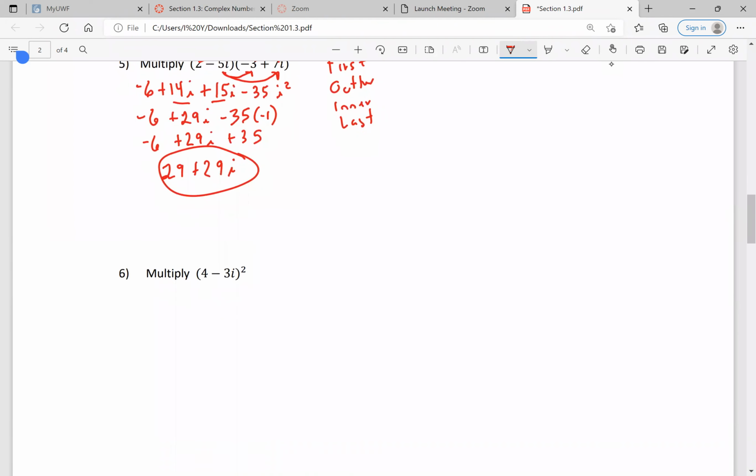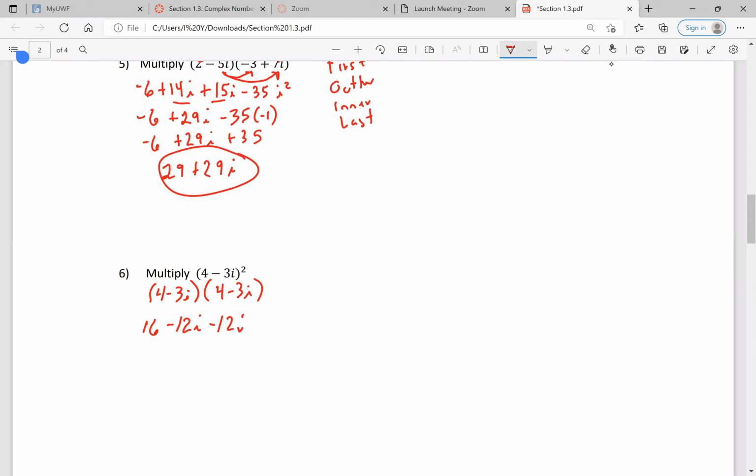Okay, now we're going to square this. Since we're early on here, we'll just rewrite this like this. And then again, it's FOIL, first times first. 4 times 4 is 16. Outer times outer, 4 times negative 3i is minus 12i. Inner times inner, negative 3i times 4 is minus 12i.